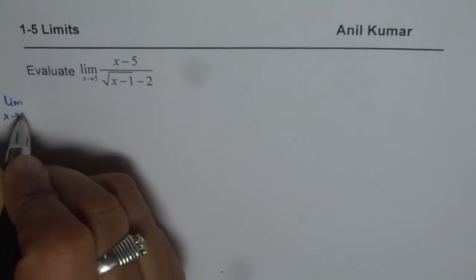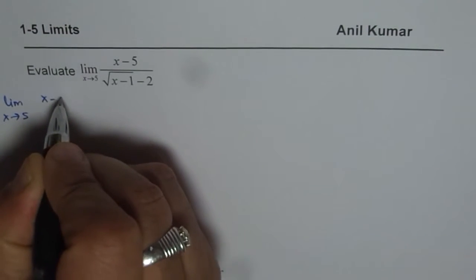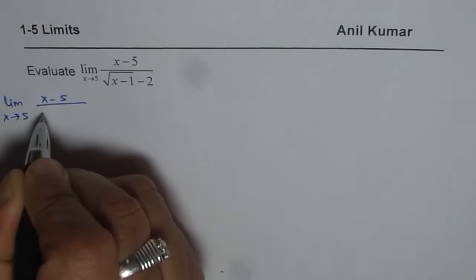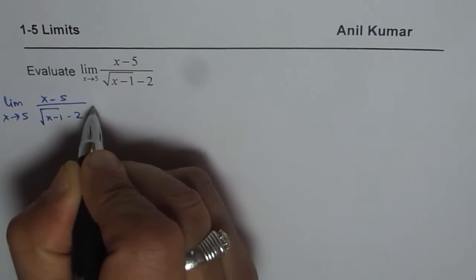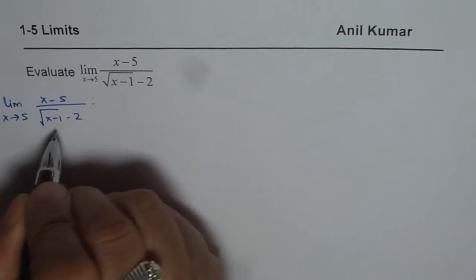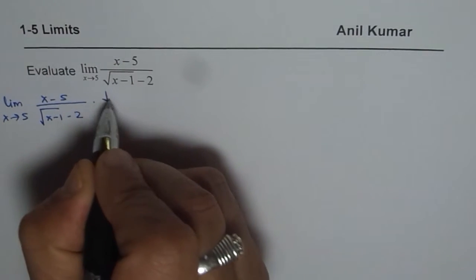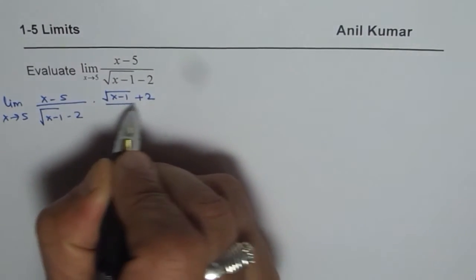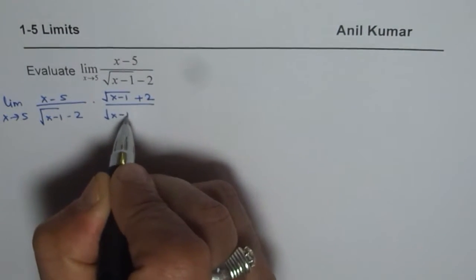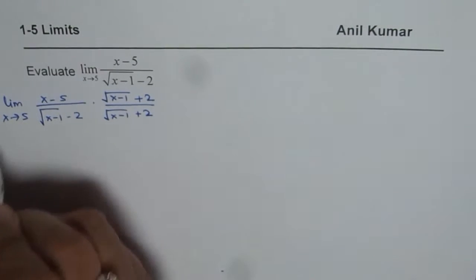So limit as x approaches 5, the function is x minus 5 divided by square root of x minus 1 minus 2. Rationalization means multiply and divide by the conjugate, right? So the conjugate here is square root of x minus 1 plus 2 divided by square root of x minus 1 plus 2.